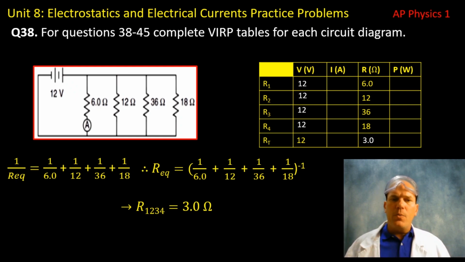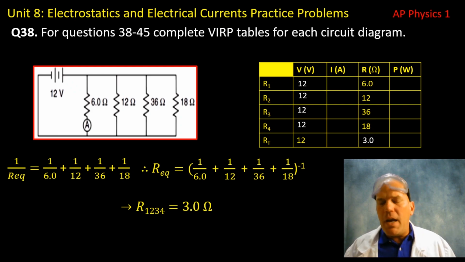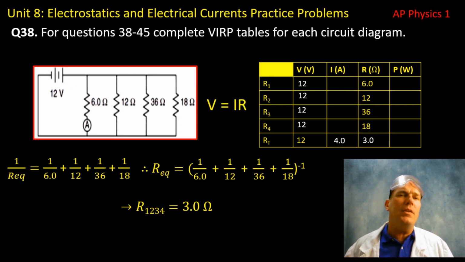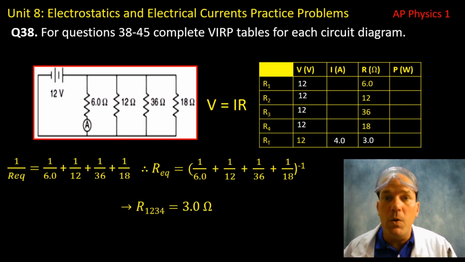Please note, 3.0 ohms is less than any individual resistor in this parallel circuit, which is further affirmation that you're doing the problem correctly. Now we know the resistance total and we know the voltage total, which means Ohm's law can be applied to calculate the total current. 12 divided by 3 is equal to 4 amps.